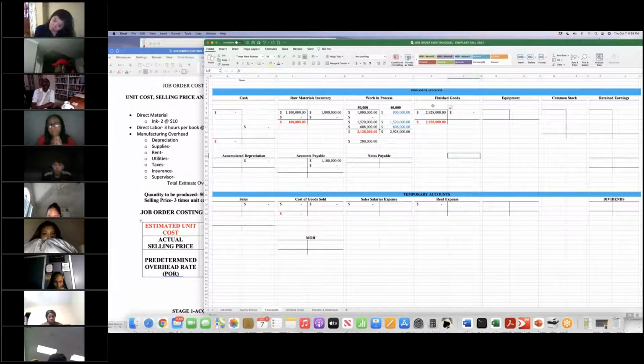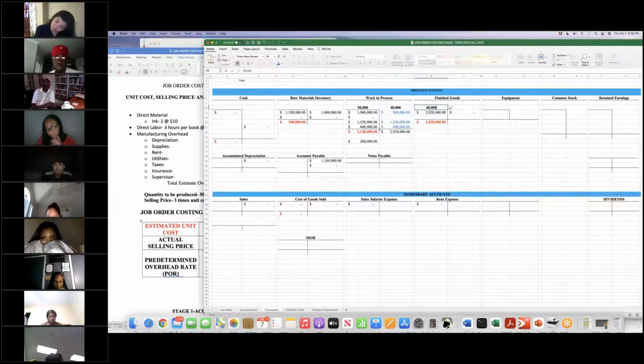Okay, so now we have 40,000 in finished goods. I'm going to get ready to sell something, but guess what we've got to do? We've got to calculate the actual unit cost.